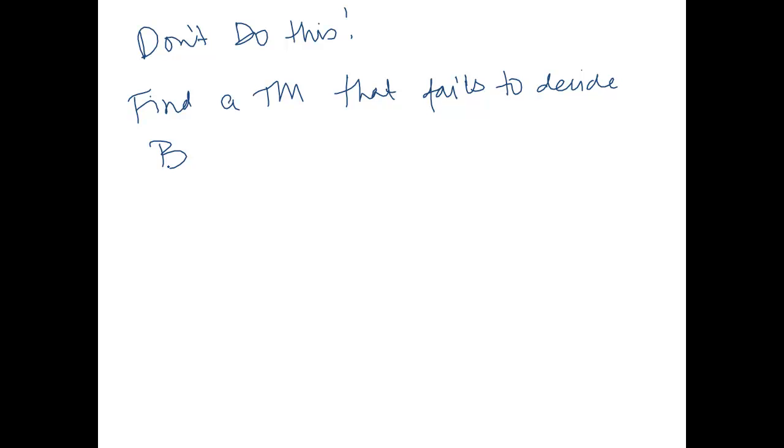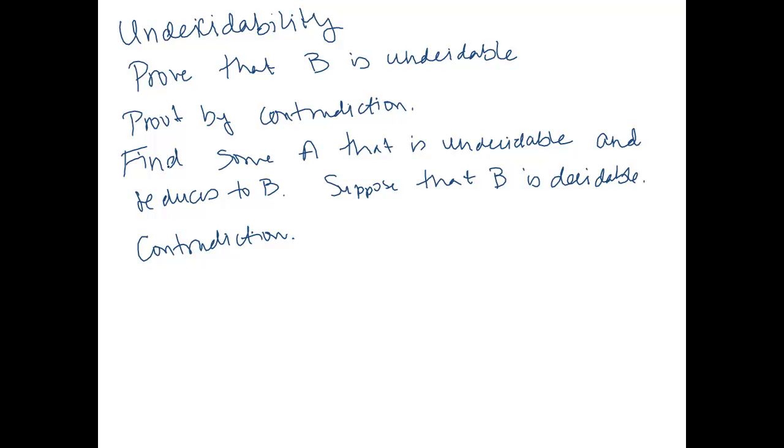This is a basic discrete math principle: if you want to prove that something does not exist, you can't just give an example and show that it doesn't work. You have to show that there is no possible way to do this. So the way that we do this is by this kind of structured proof by contradiction.